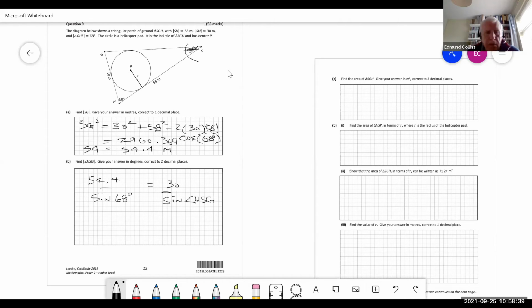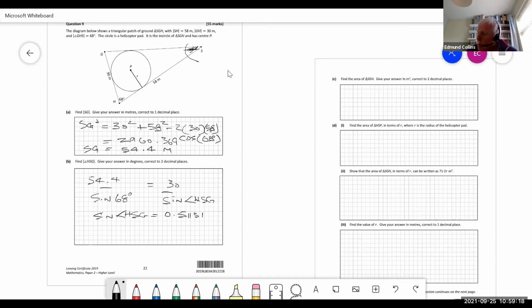And you then be able to reverse this, so that's sine 68 degrees over 54.4 equals the sine of HSG over 30, and we can work out that the sine of HSG is equal to 0.51131.